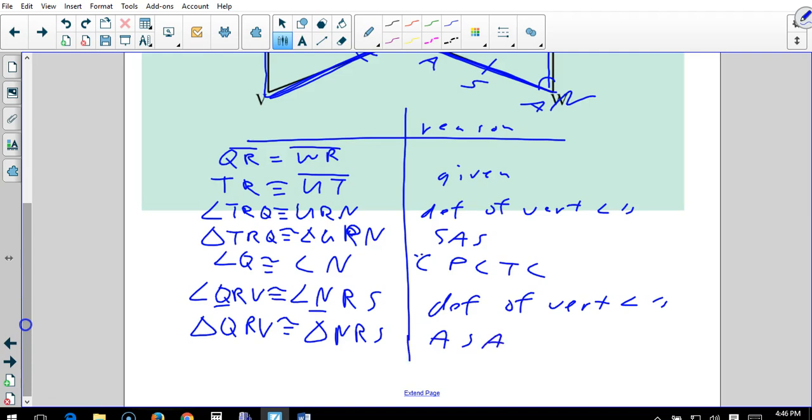And once we do that, we prove the two bigger triangles. Now we can go back and say that VR is congruent to SR by CPCTC again. So that's why it's a challenge, because we had to prove smaller triangles congruent, then CPCTC, then go back and prove the bigger parts using the new information we got from the smaller parts.